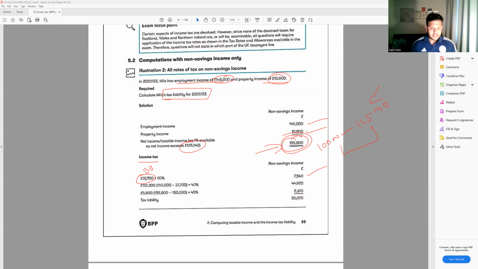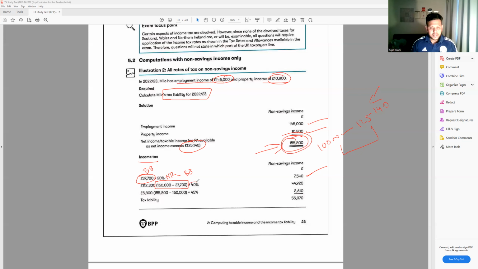So on the first 37,700, I'm paying tax at 20%. That is here 7,540. Then the difference between 150,000 and 37,700, the difference between the higher band and the basic band, I will pay 40%. That difference is always fixed. Remember that, because HMRC already said 37,700, then 150,000, then more than 150,000.